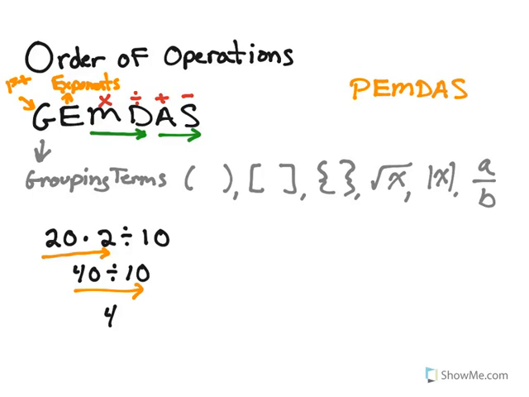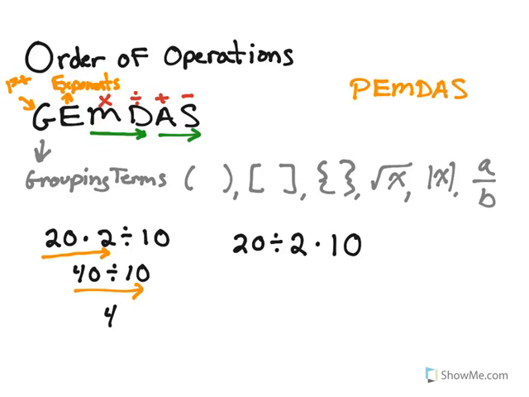But what if I gave you this? Sorry, let me go ahead and do the same numbers. What if I gave you this and I switched the multiplication and division on you?